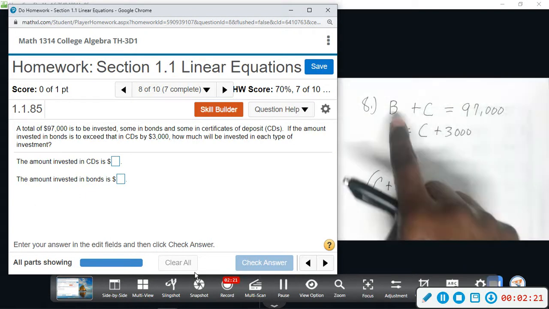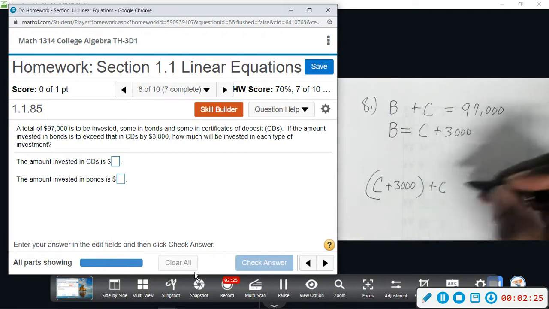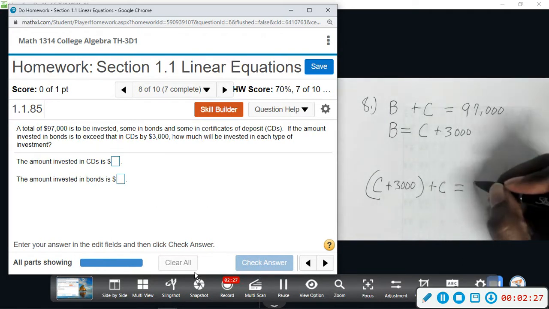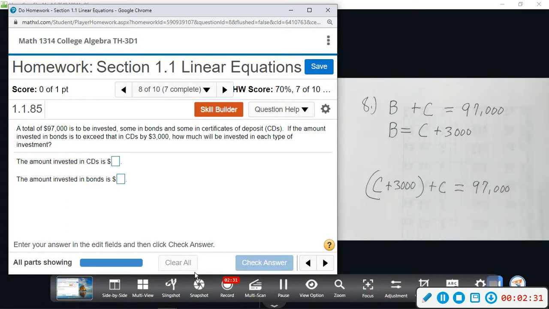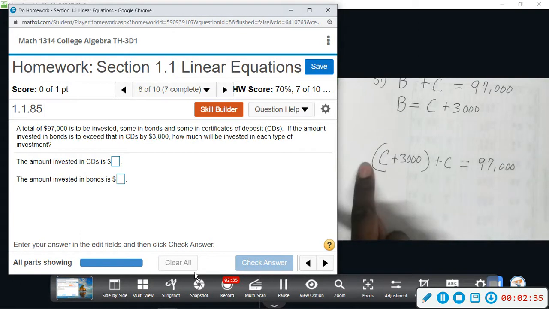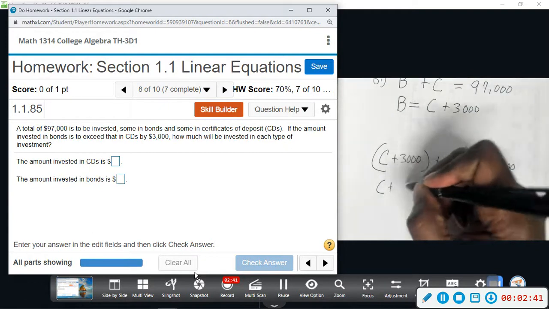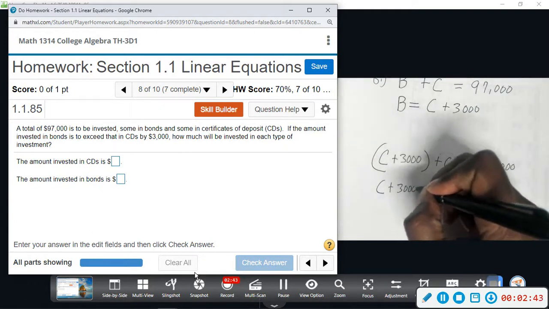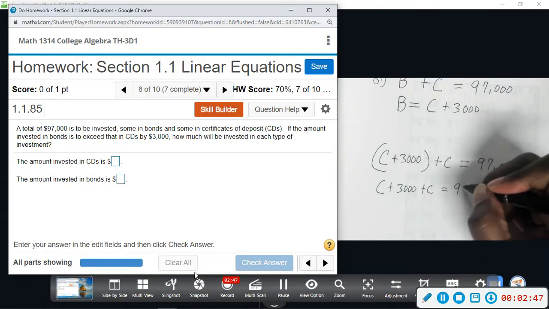That's representing that B. And then plus C equals 97,000. We don't have a number outside parentheses, so we don't have to distribute. We can just drop them. So we're looking at C plus 3,000 plus C equals 97,000.